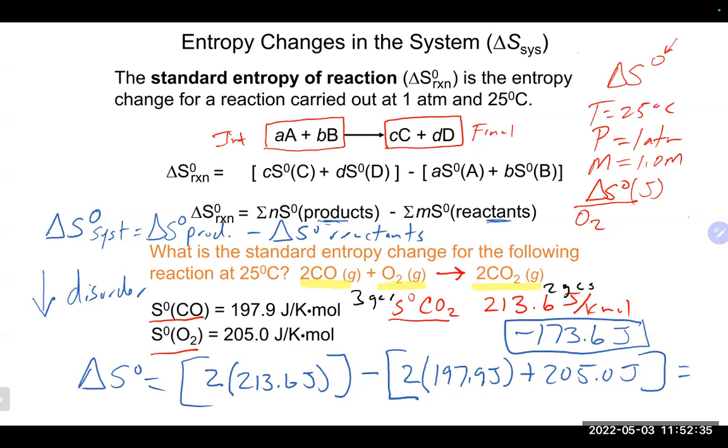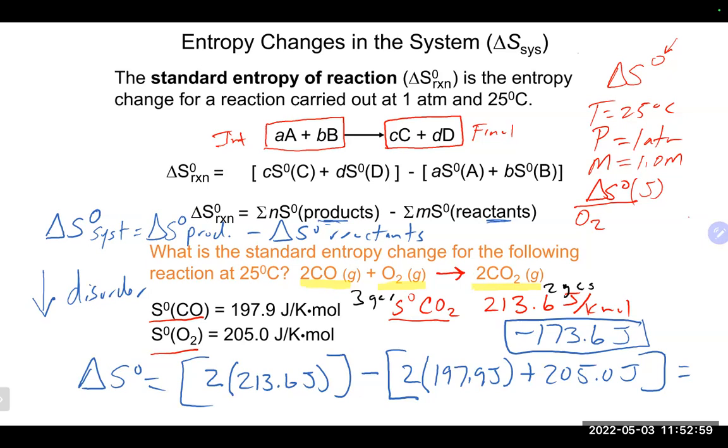If you drop it down to 2 things, we have a little bit more order, so we're increasing the order. Just by looking at the reaction, since we yielded fewer gas molecules than we started with, we could predict a negative value for our delta S of the reaction. We're increasing the order, or again, decreasing the disorder.